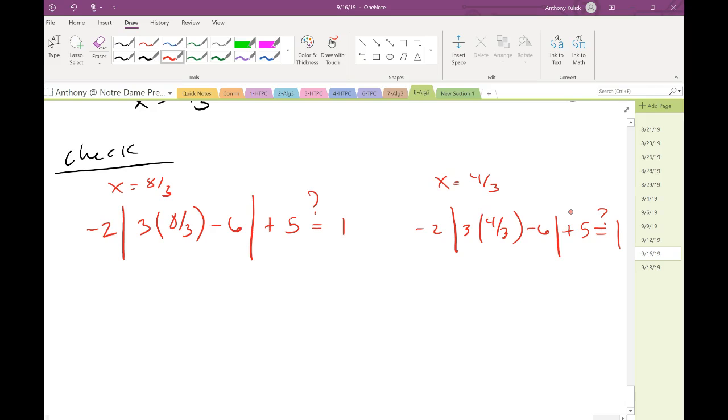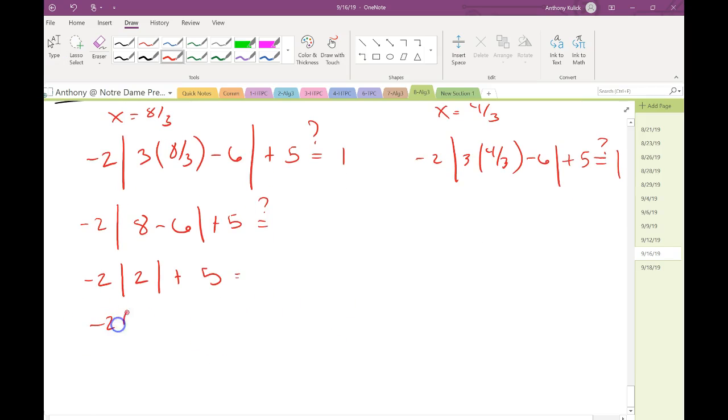Okay, so what I'm going to do now is I'm just going to simplify these left-hand sides. So the order of operations says I should start inside the absolute value, and I would want to do the multiplication before the division. If I multiply 8/3 times 3, I get just an 8. If I do 8 minus 6, I get 2.